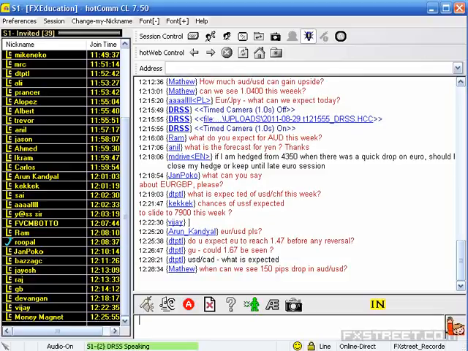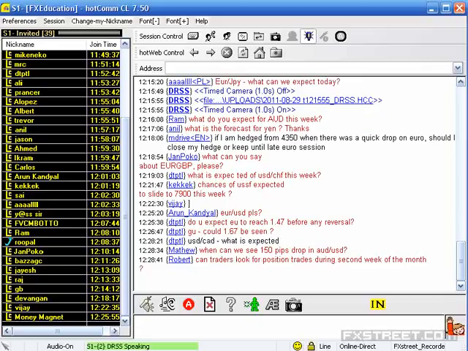Then USD CAD, what is expected? USD CAD is expected to go above that of parity. Probably they may just do it by month end, that is on 31st in this month, otherwise by weekend on 2nd of September.